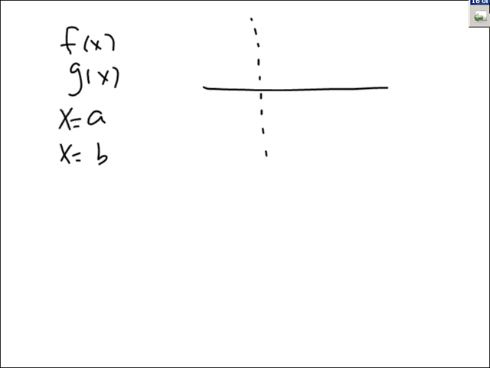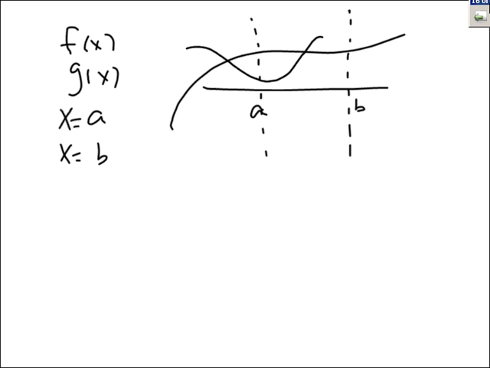Here's A, here's B, here's a curve, A and B. Now, what happens between A and B, nobody knows. The first thing you do is you set f of x equal to g of x and solve.